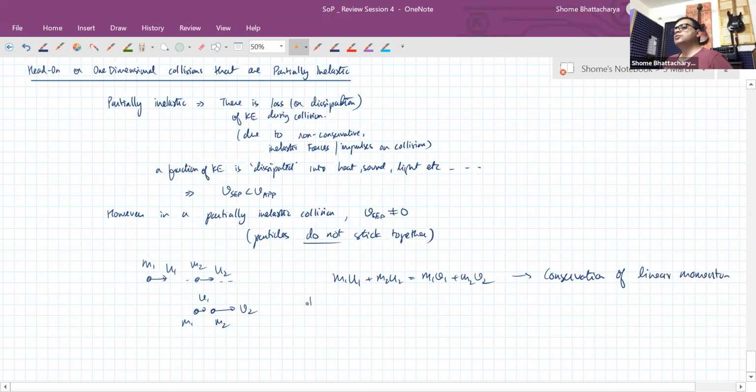But at the same time, half m1u1 square plus half m2u2 square is greater than half m1v1 square plus half m2v2 square. So there is dissipation of kinetic energy.